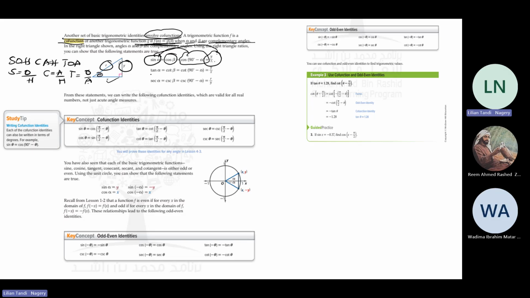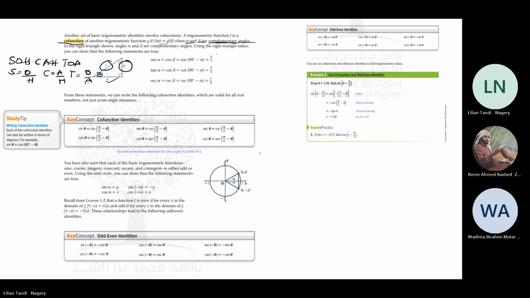So the same thing. If you want to find tan, you use cot of 90 minus alpha, or you use opposite over adjacent. If you want to find secant, you will use cosecant of 90 minus alpha, all this. So those are what we are calling cofunctions of the trig functions.